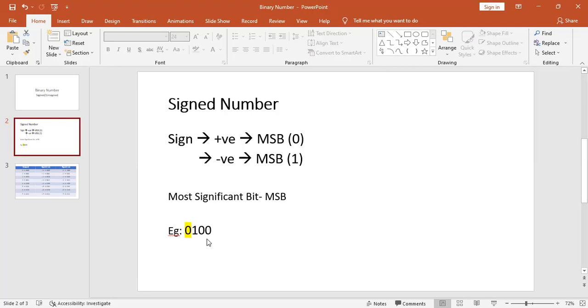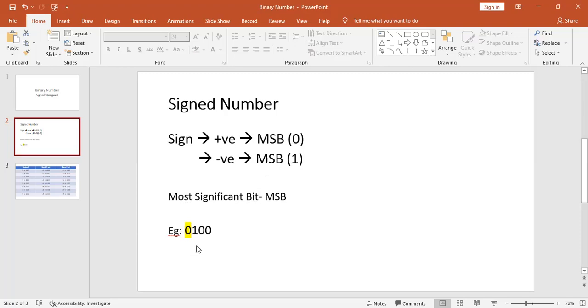The bit on the left, the furthest bit, here is 0. This bit is called the most significant bit, which is MSB. If the MSB is 0, it is a positive sign number. If the MSB is 1, it is a negative sign number.